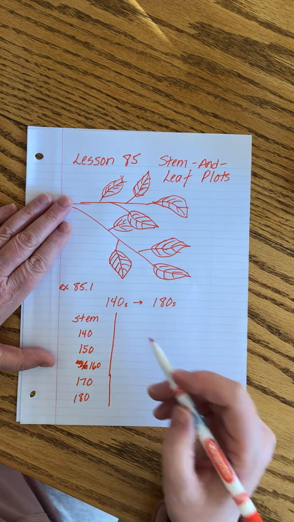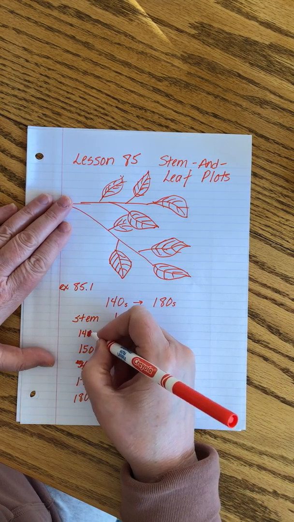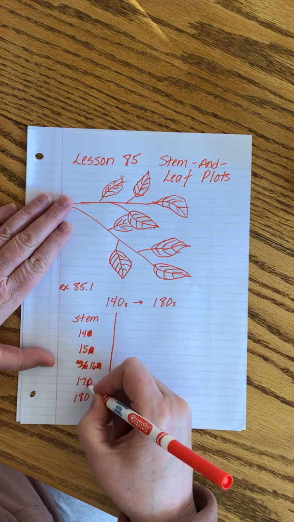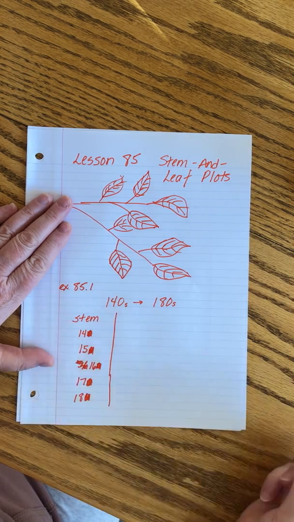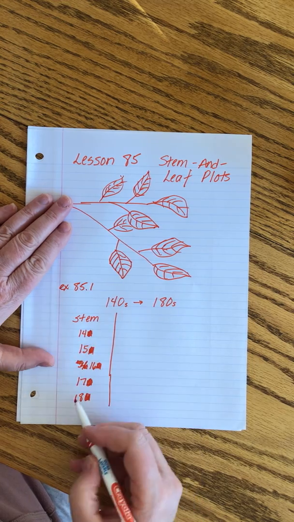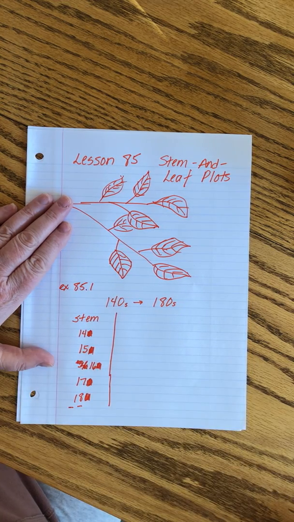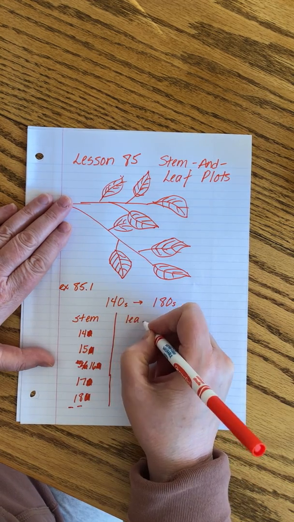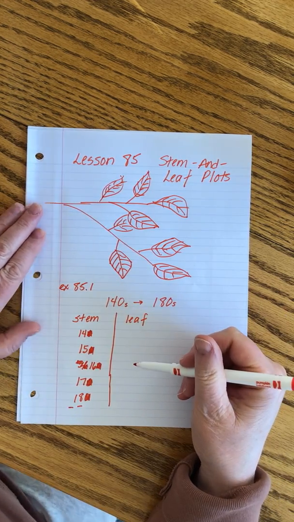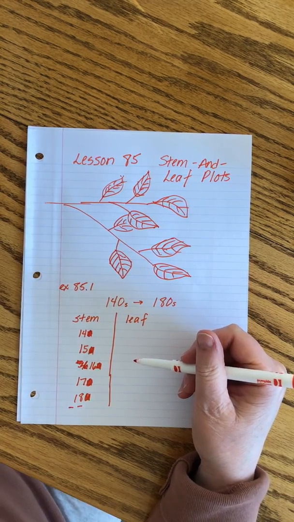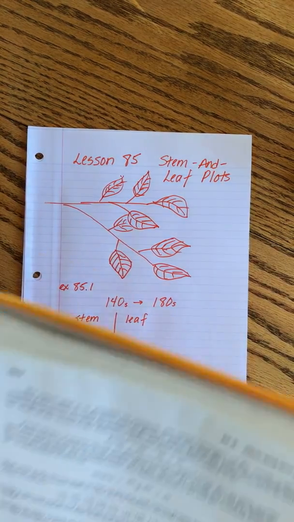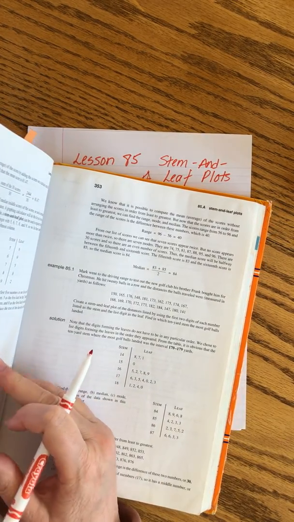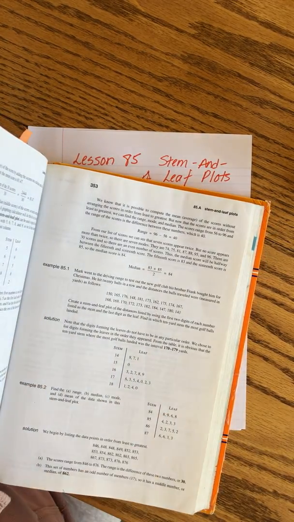What we do is truncate. Truncate is a fancy way of saying chop off the ones place numbers and just leave the hundreds and the tens, right? We've got hundreds and tens placed for each of these. When we do the leaves, those will be the digits in the ones place. So let's look through. You could organize this data in order from least to greatest, but I don't want to take the time to do that.